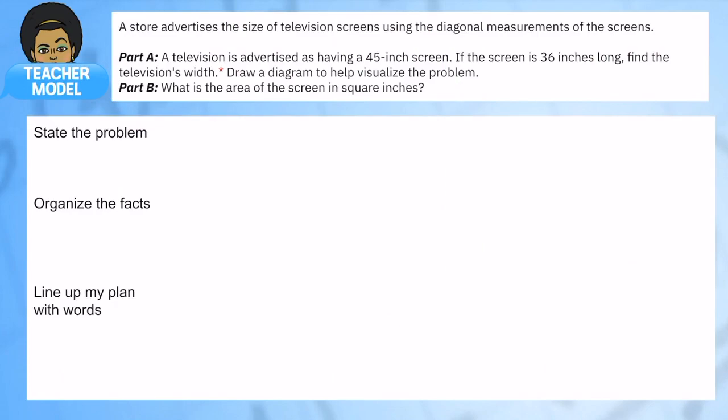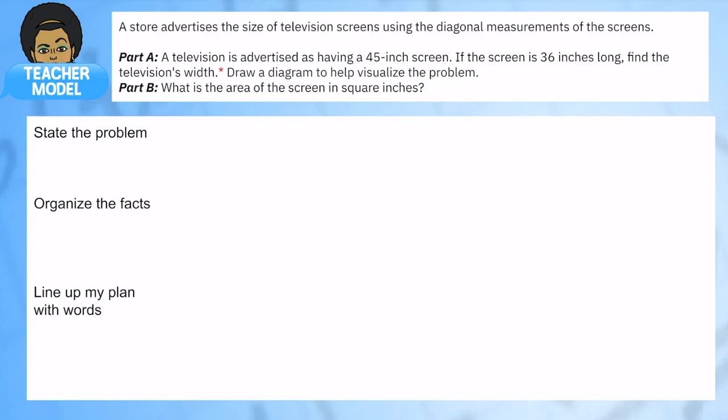I love big flat screen TVs, so this type of problem was really good for me, because you actually figure out the size of the TV by how long it is diagonally. That's how they figure out the size. So in this problem, a store advertises the size of a television screen using the diagonal measurement of the screen. First, a television is advertised as having a 45-inch screen.